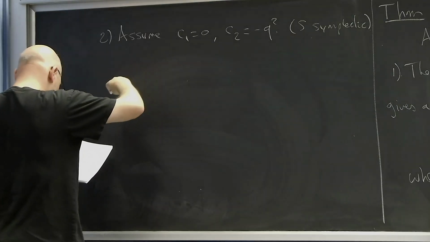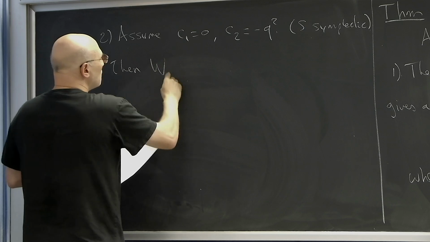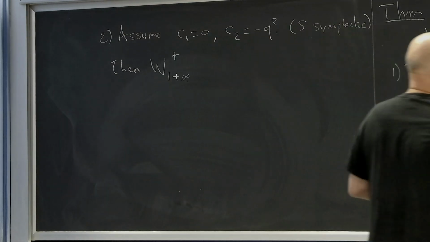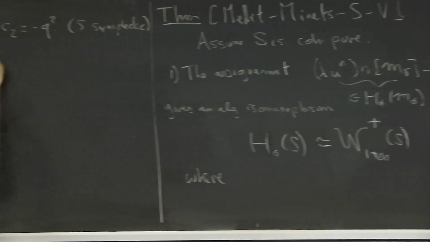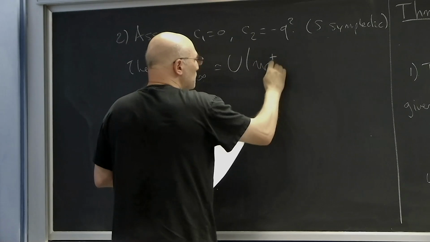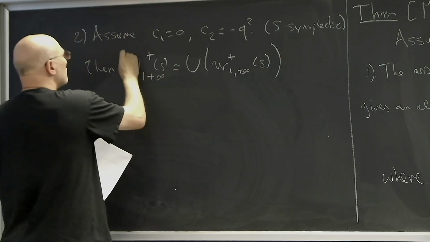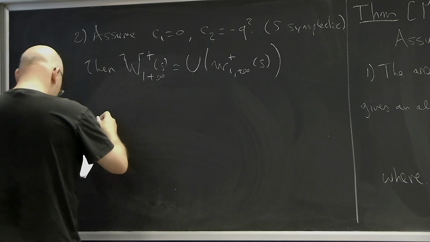And then this W_{1+∞}, by the way, it's plus. I should have put a plus here. This is isomorphic to the enveloping algebra of a Lie algebra, and this Lie algebra is just like before, it's just a small deformation.